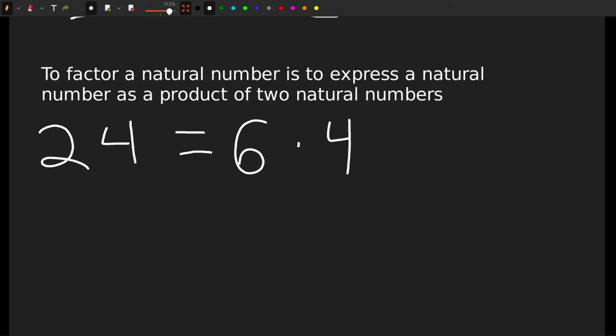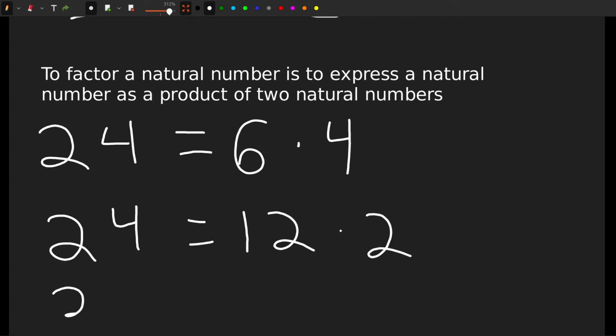So 6 times 4 is 24, therefore 6 times 4 is a factor of 24. There's also another set too. Another set that makes 24 is 12 and 2. Another set that makes 24 is 3 and 8, so on and so forth.